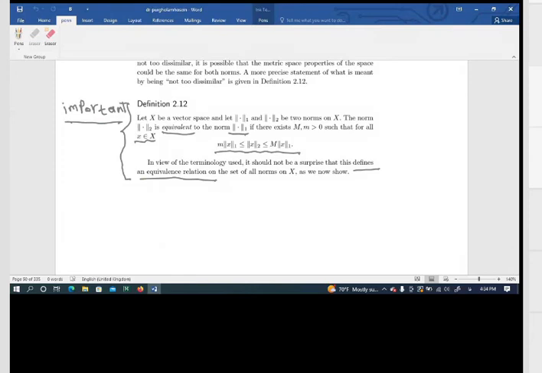norms. We say that, for example, norm 2 is equivalent to norm 1 if there exist two positive numbers, capital M and small m, such that for all x we have these inequalities.